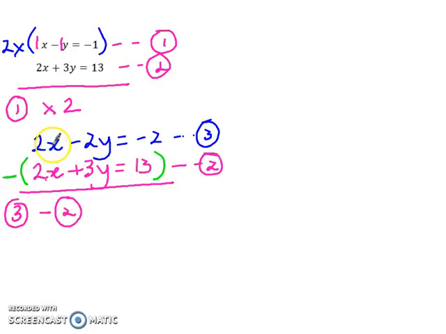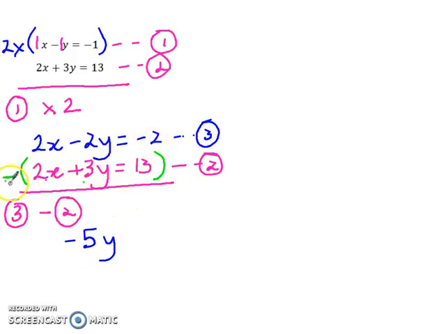Let's go back to the start. 2x, take away 2x is gone. Minus 2y, take away 3y is minus 5y.